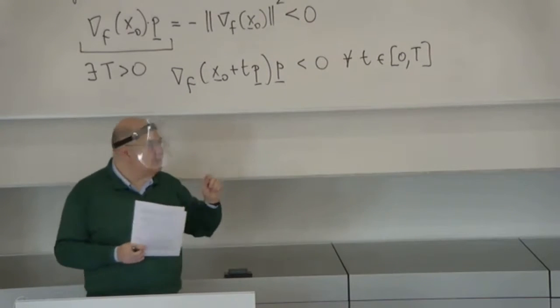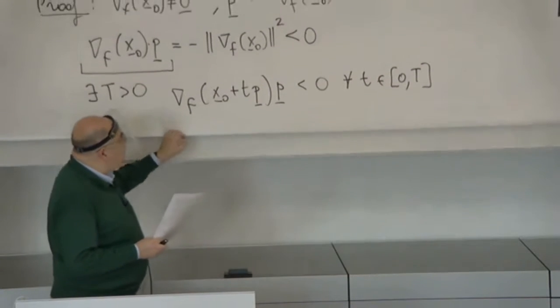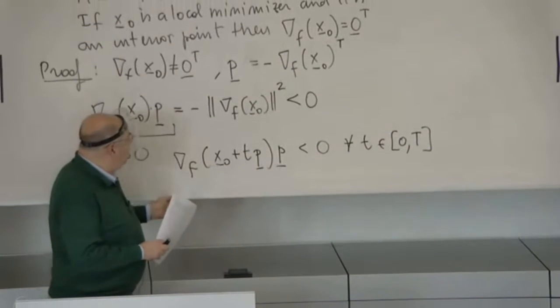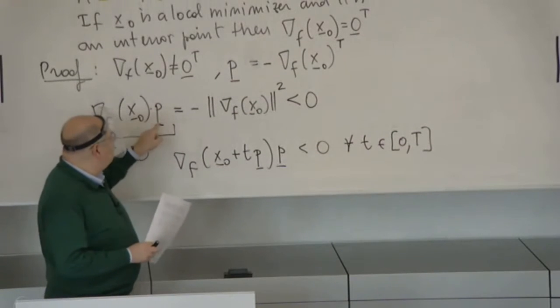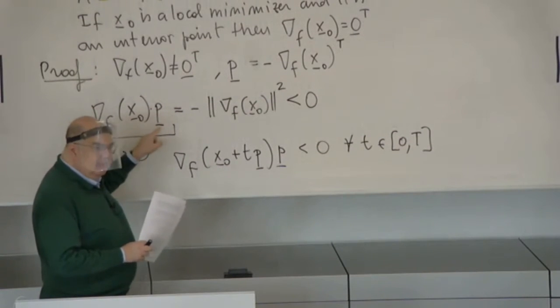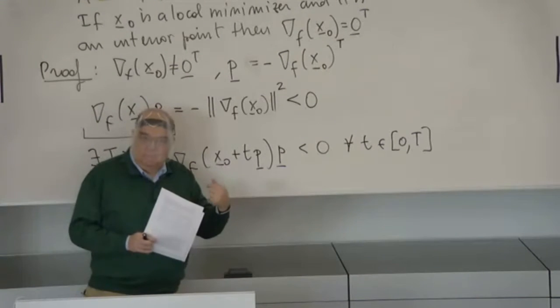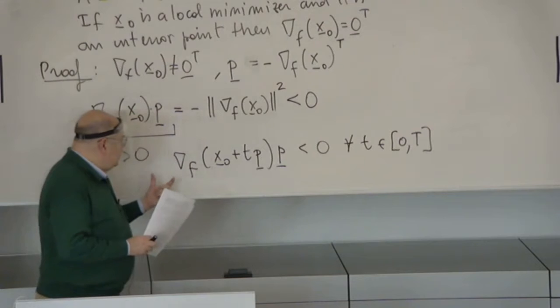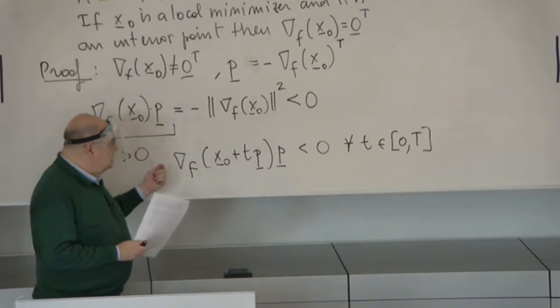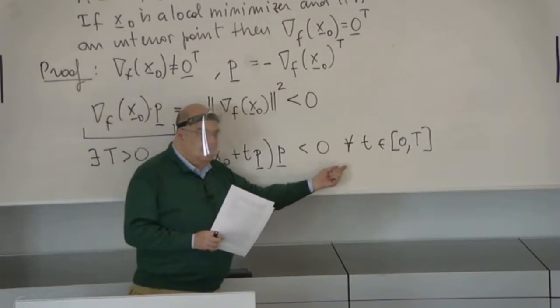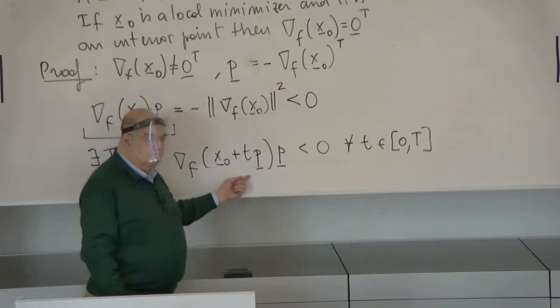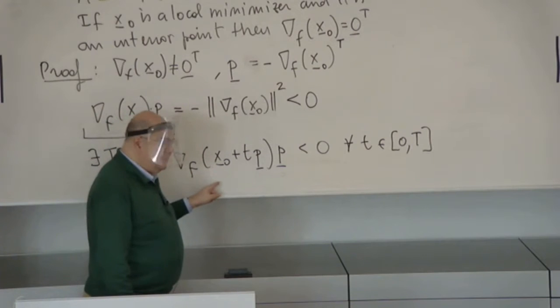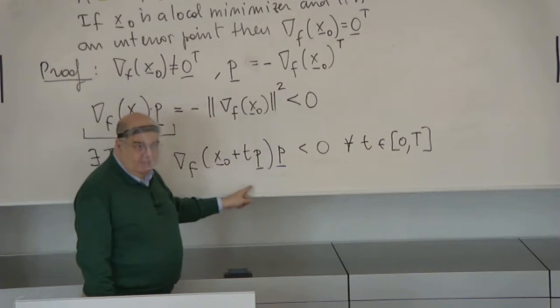What we know is local. We know that the gradient at that point times the direction is negative. So we are now using continuity, which is essential for this, to extend this inequality to a neighborhood of a point. So it's not just there, it's everywhere.